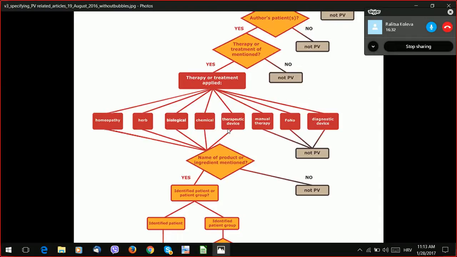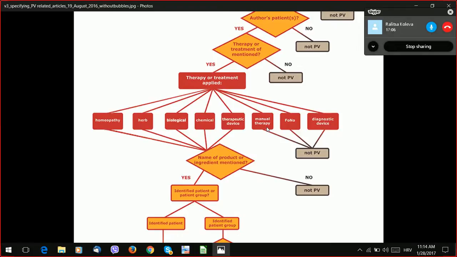And it is also excluded if the therapy or treatment applied was one of these 3 on the right: manual therapy, medicines prepared in pharmacies, and diagnostic devices. For example, under manual therapy, we have therapies used in physiotherapy, gym balls, yoga mats, cupping devices, massage devices, and similar.